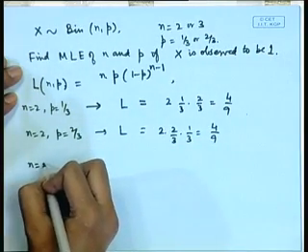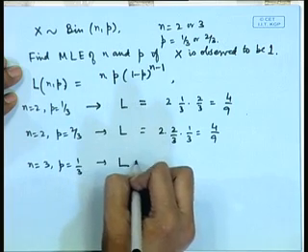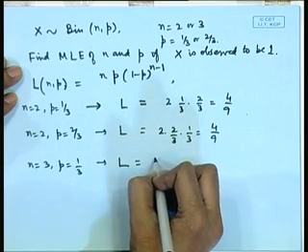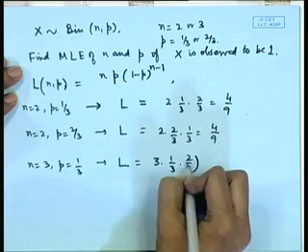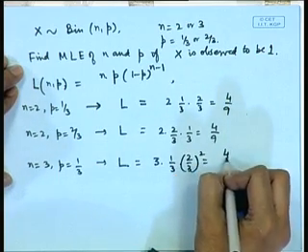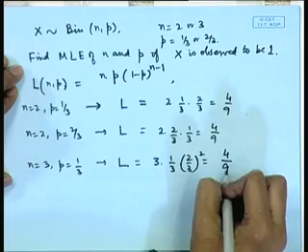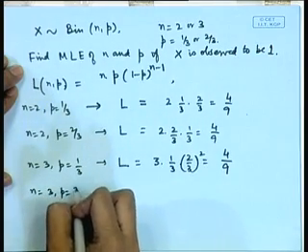When n is equal to 3 and p is equal to 1 by 3, the likelihood function value is equal to 3, 1 by 3, 2 by 3 square, that is equal to 4 by 9 again, and n is equal to 3, p is equal to 2 by 3.